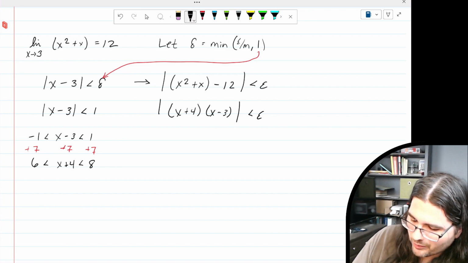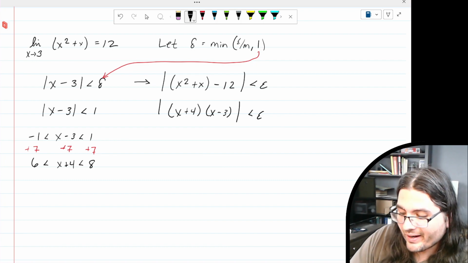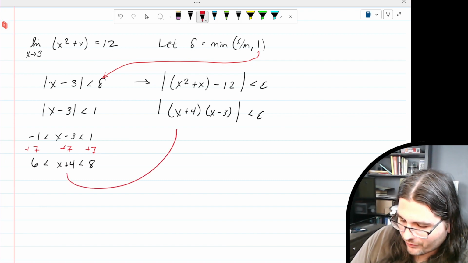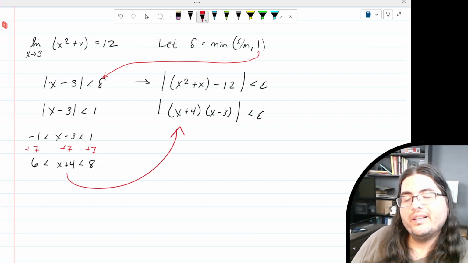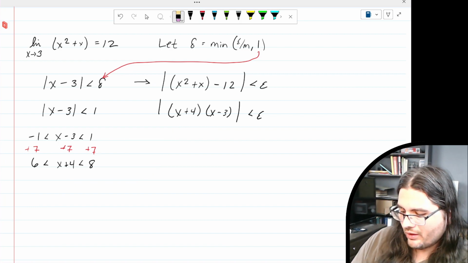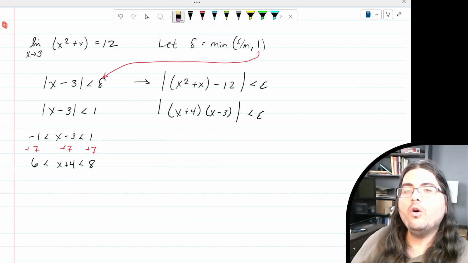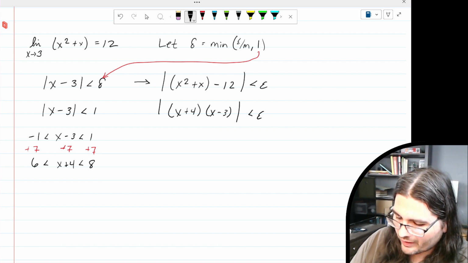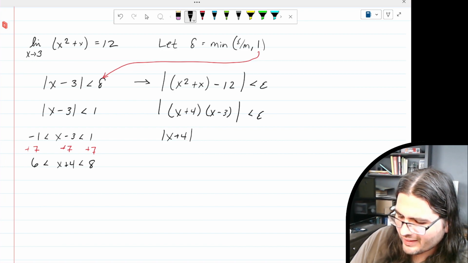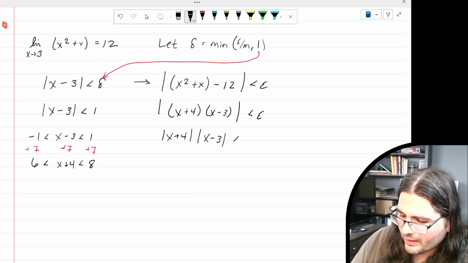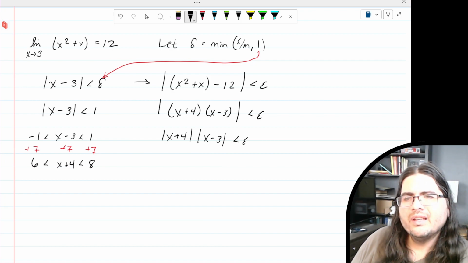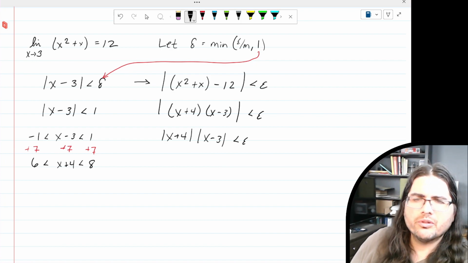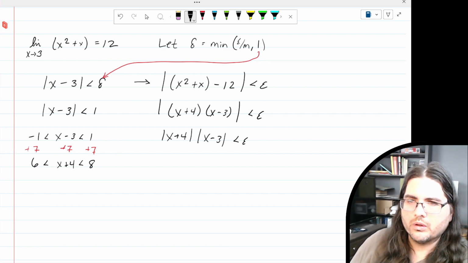This is why I did plus 7, because now I see x plus 4 in this inequality sandwich here. Oh man, that's amazing. The only problem is that I need the absolute value of x plus 4. I know I can split these two absolute values, but still that requires the absolute value of x plus 4.